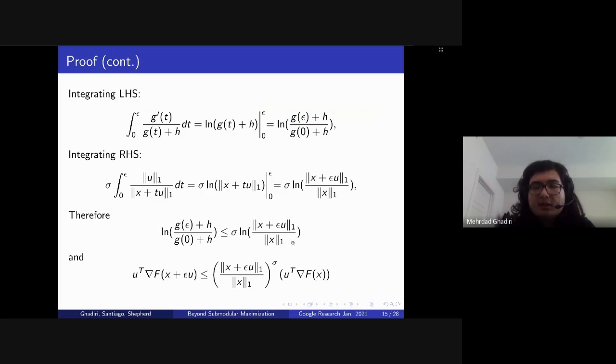And then we just take the limit of h at 0, and it gives us this inequality. And this is the key property that we use for the continuous part of our algorithm.